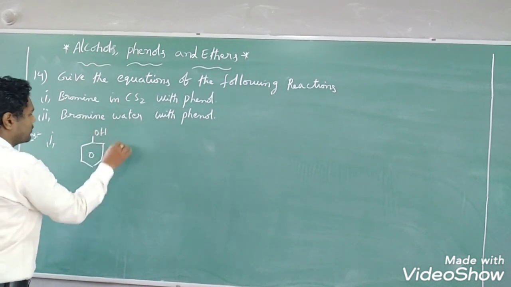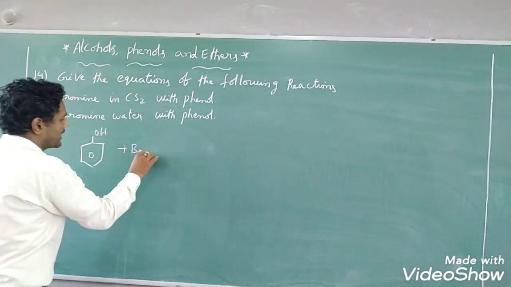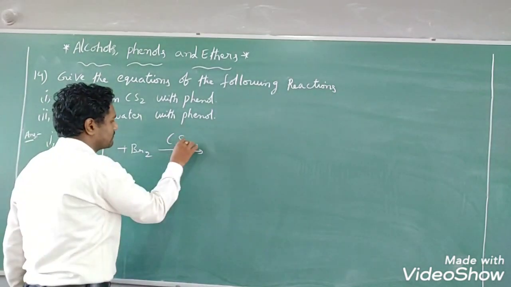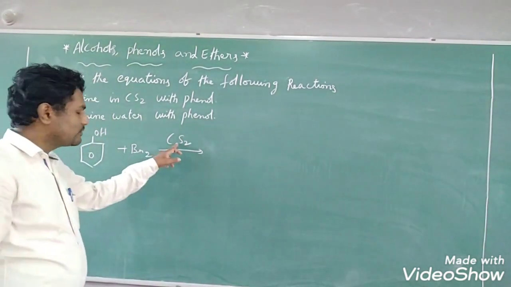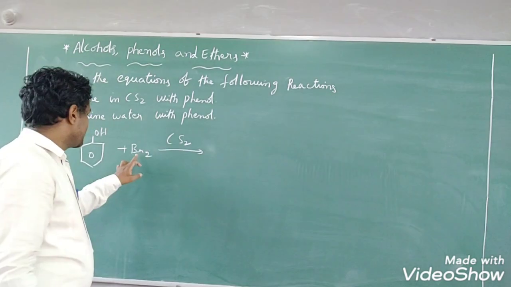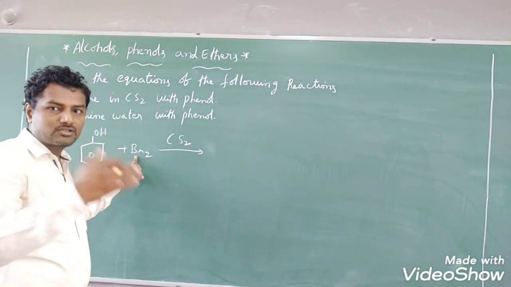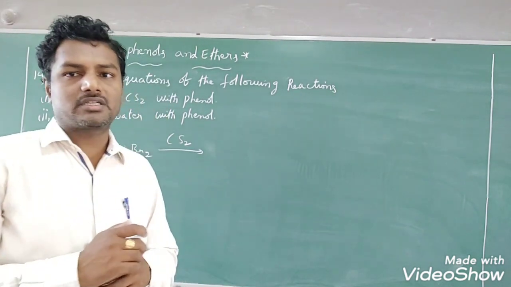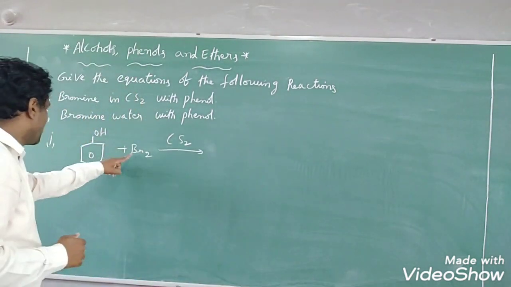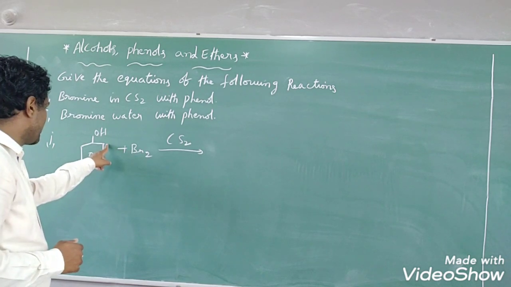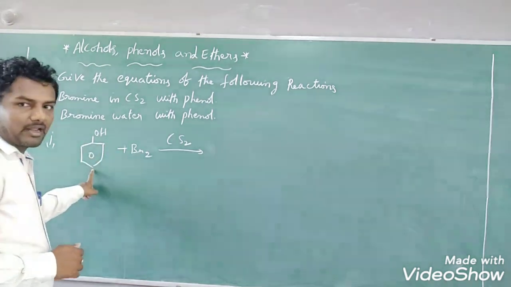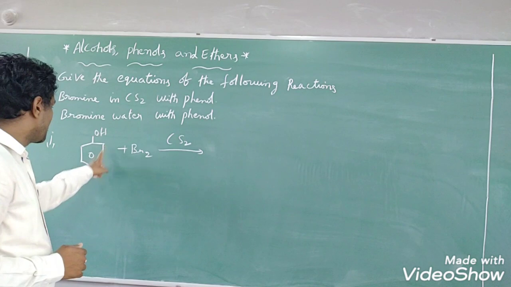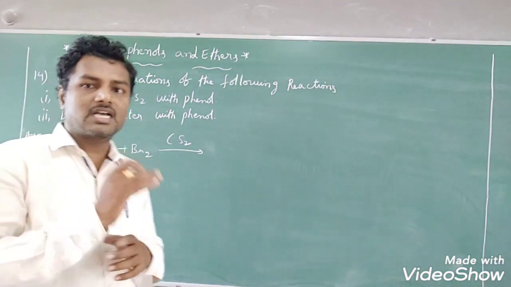When phenol is treated with bromine in presence of CS2, carbon disulfide, this bromine substitution will take place only either at ortho position or para position. There is no chance for the bromine electrophile to attack both ortho positions and para; only either ortho or para.